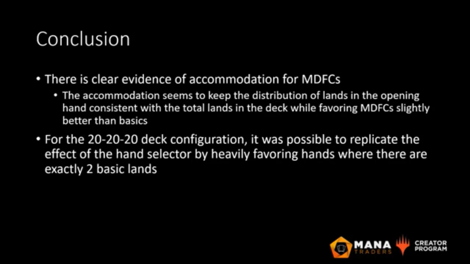And by the way, that's the only way that you should be trying to modify the outcome. You cannot modify the outcome by changing the shuffle. You can only modify the outcome by changing how the hand selector does it after the shuffle.